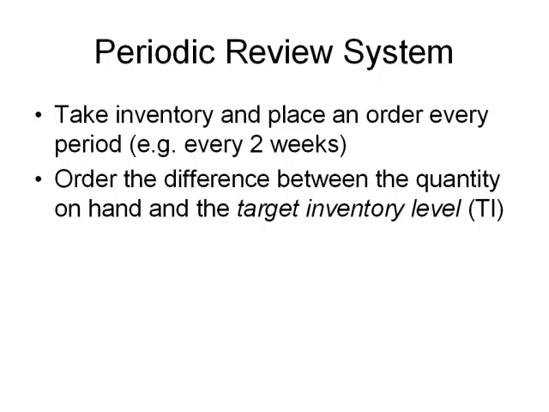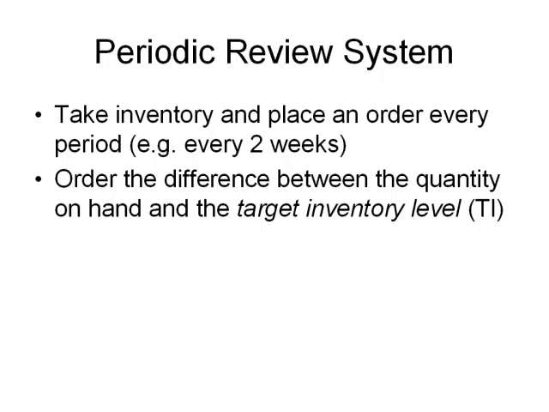This system is basically a system that a lot of individuals just use in their everyday personal lives. For example, if I go to the grocery store every Friday and I make up my shopping list every Friday, as part of making up that shopping list, probably I check the quantity that I have on hand of different items in my refrigerator and my cabinets. And then I compare that to some target inventory level for each one of those items that I've implicitly got in my head.